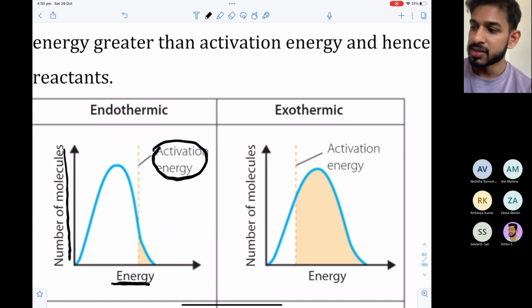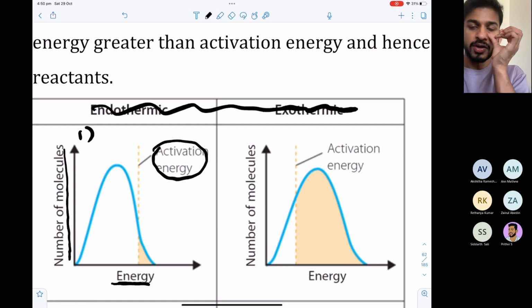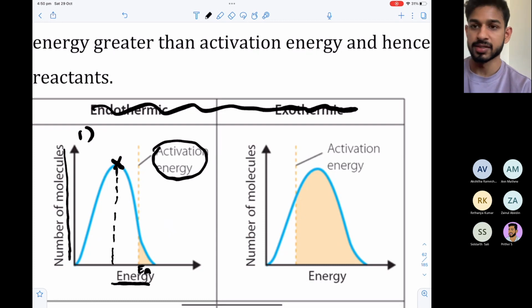In graph number 1, forget about these two names, what I see is most molecules have this amount of energy. The energy I need for the reaction to occur is here to the right. So most of those particles, will they engage in successful collisions or unsuccessful collisions, everyone?